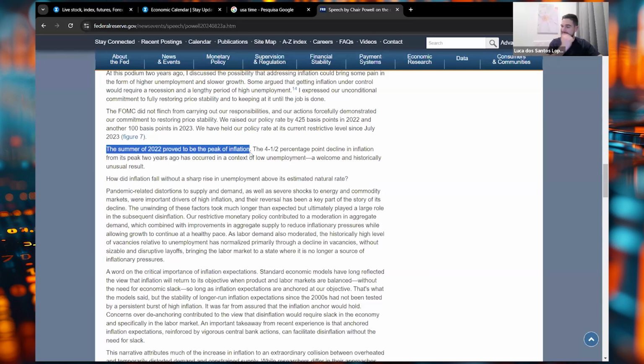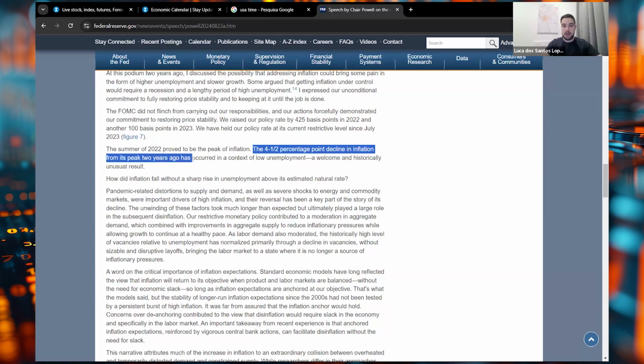All right, so they say that the summer of 2022 was the peak of the whole inflation, and that the 4.5 percentage point decline in inflation from its peak 2 years ago has occurred in a context of low unemployment, a welcome and historically unusual result.